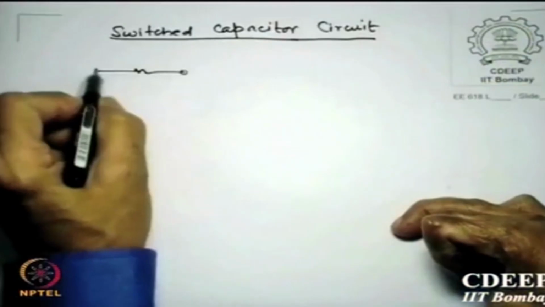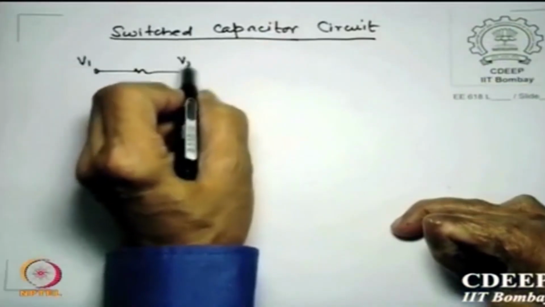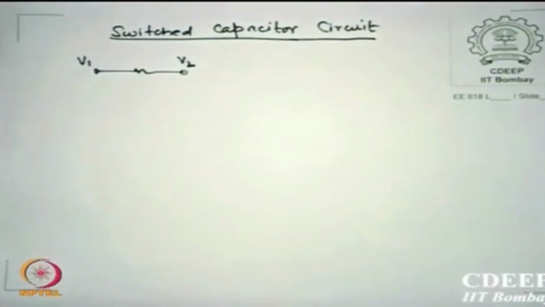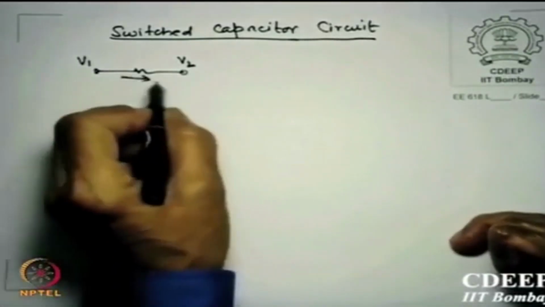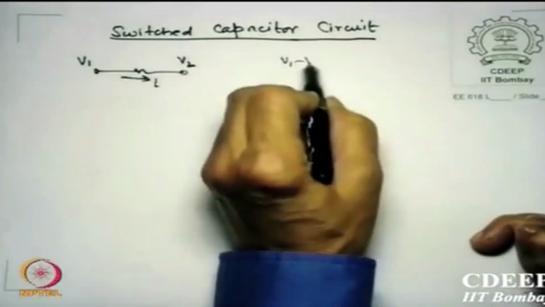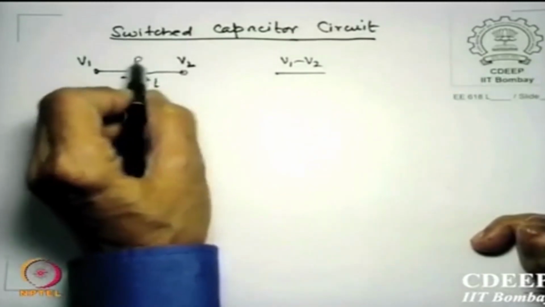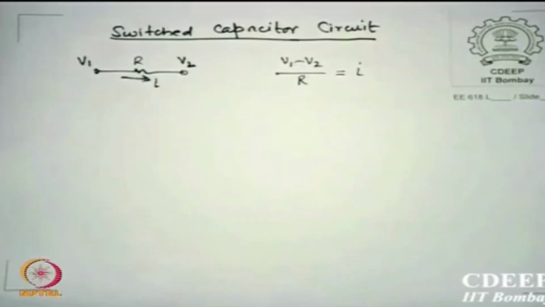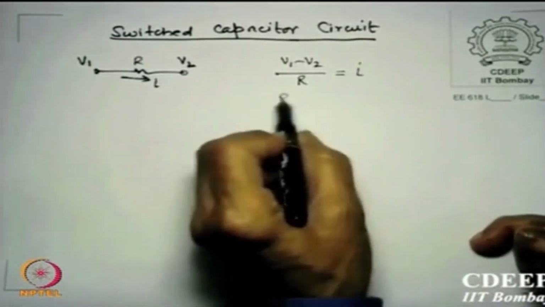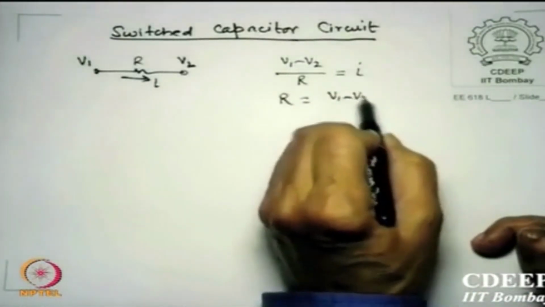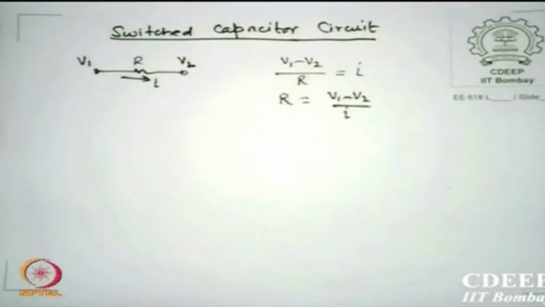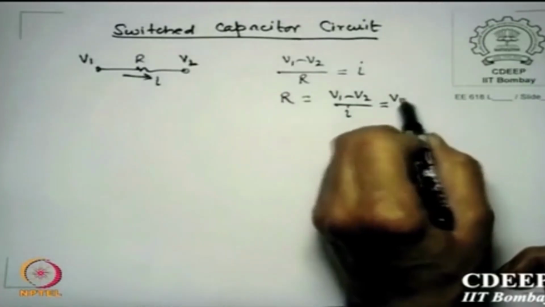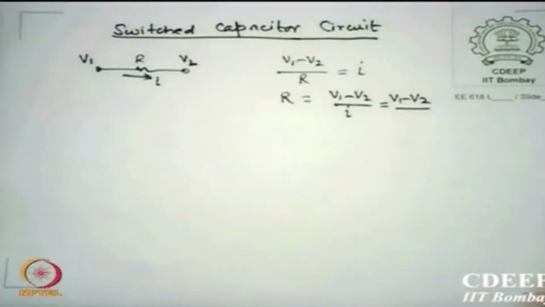Let us take a case. This is your resistance. You have a voltage V1, you have a voltage V2. One of them is higher, let us say V1, so (V1 minus V2) upon R is I, Ohm's law, or R is equal to (V1 minus V2) by I. What is current?